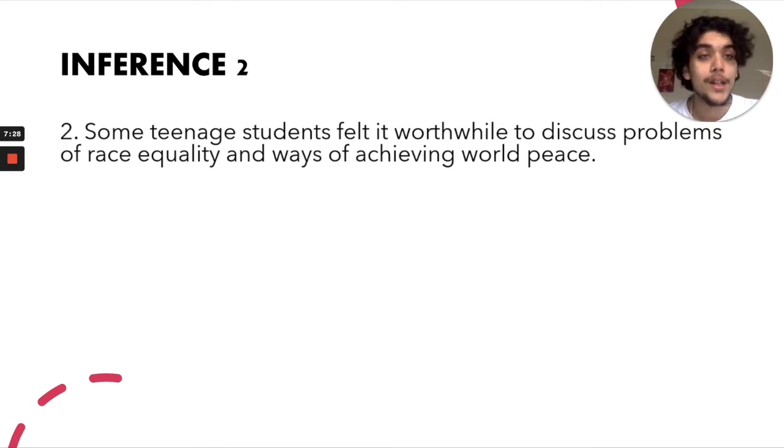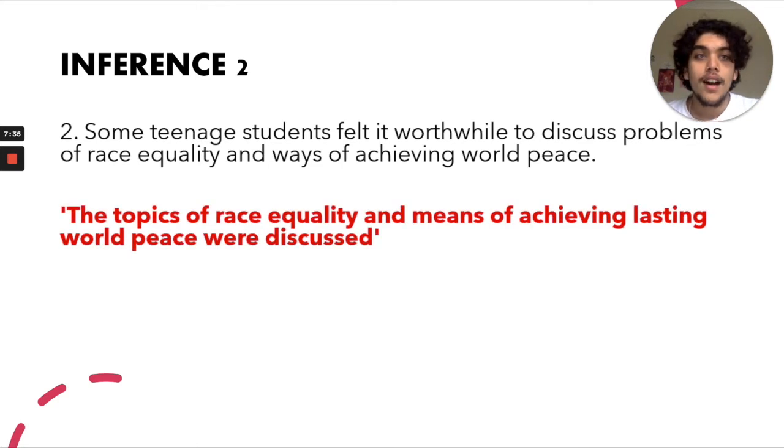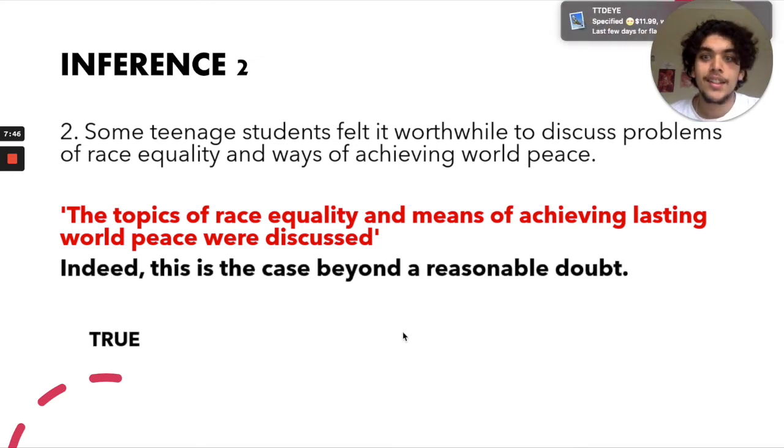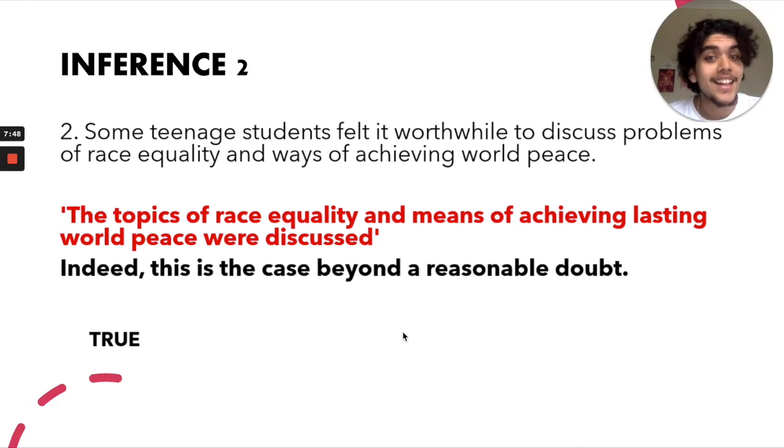If you're having a go, make sure you refer back to the passage, read it thoroughly, read it carefully, and you'll find that in one of the sentences, the topics of race equality and means of achieving lasting world peace were discussed. Indeed, this is a case beyond a reasonable doubt. We can see that the inference and information in the passage perfectly coincide, so we can categorize this as true.